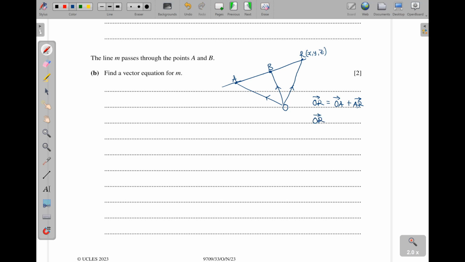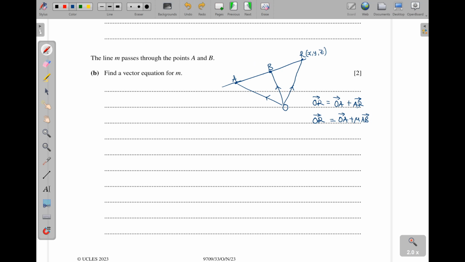That means OR here is going to be equal to OA, plus a scalar. I can use mu since the other line has gotten the lambda. So I can put mu, times the vector which I know is parallel to this one here. So we need to find AB. This becomes the directional vector, okay?